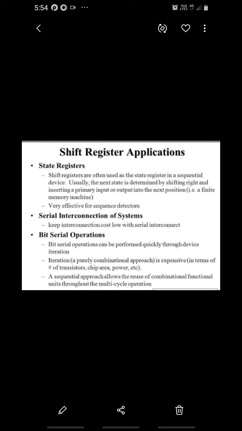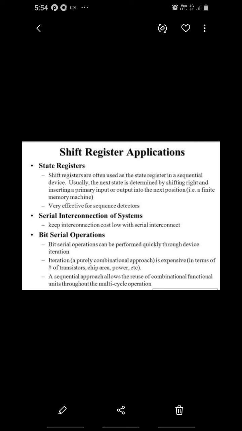Usually the next state is determined by shifting right and inserting a primary input or output into the next position, and this is very effective for sequence detectors.